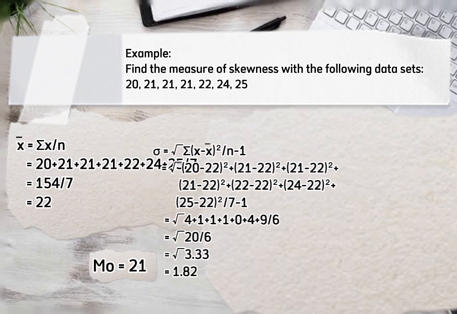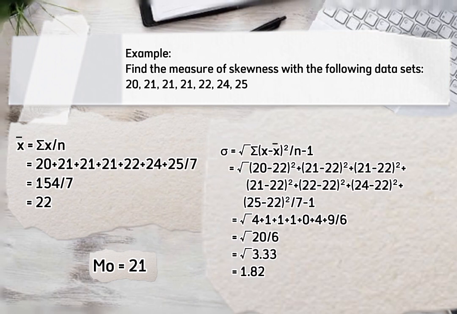Standard deviation is equal to the square root of the summation of x minus mean squared over n minus 1. So, the square root of 20 minus 22 squared plus 21 minus 22 squared plus 21 minus 22 squared plus 21 minus 22 squared plus 22 minus 22 squared plus 24 minus 22 squared plus 25 minus 22 squared over 7 minus 1 is equal to the square root of 4 plus 1 plus 1 plus 1 plus 0 plus 4 plus 9 over 6.